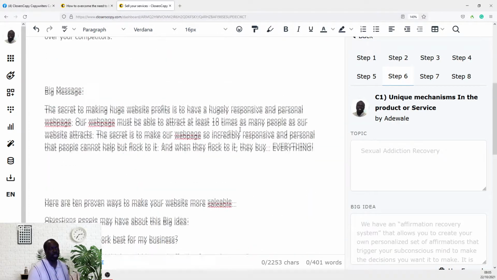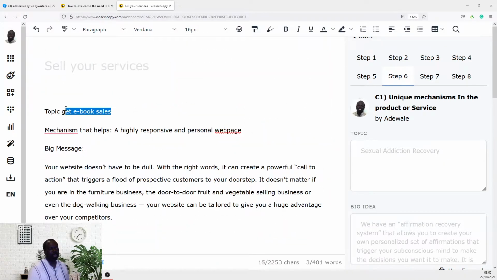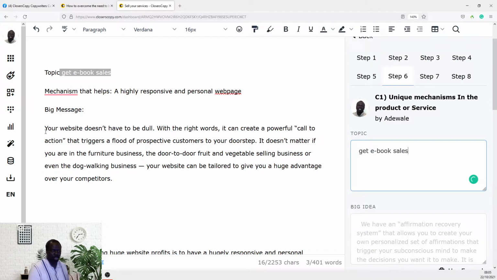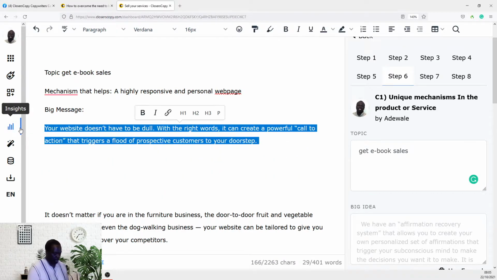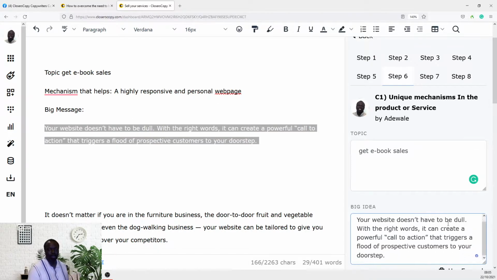And let's just see what this will pull up. So I'm going to write the same get an ebook sales message. I want to keep the big message short so it doesn't get confused. Right, so we use this bit as the big idea.